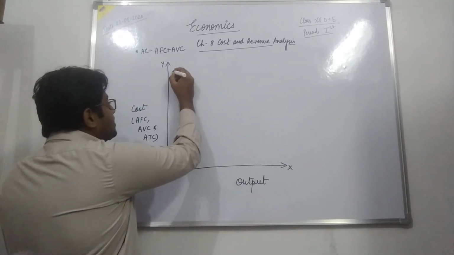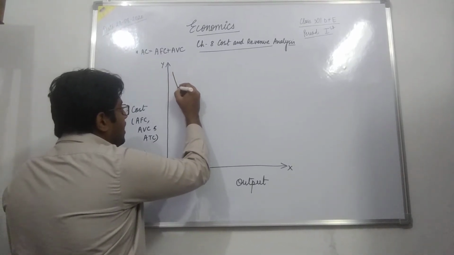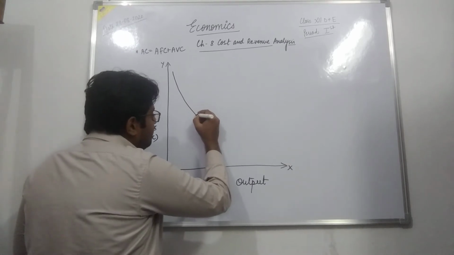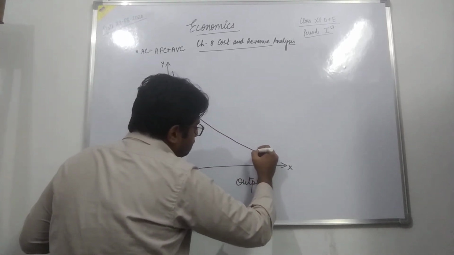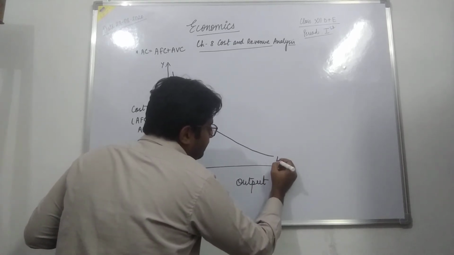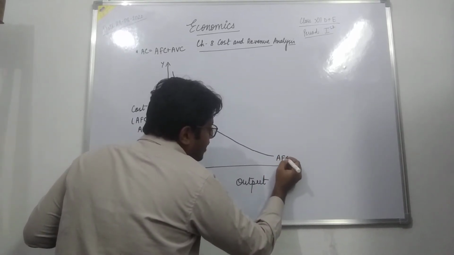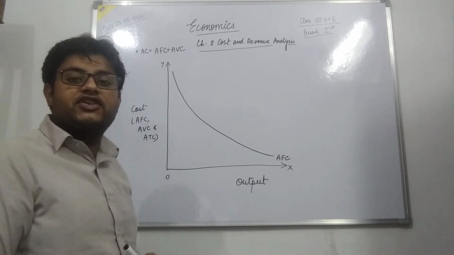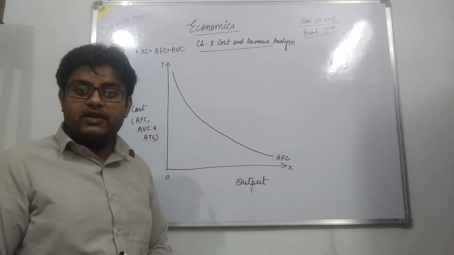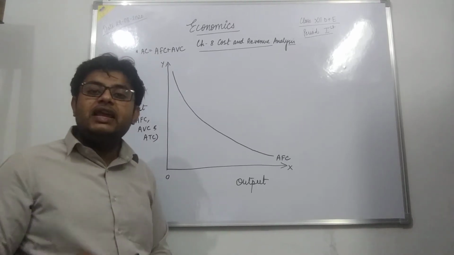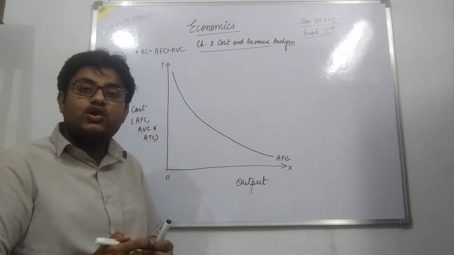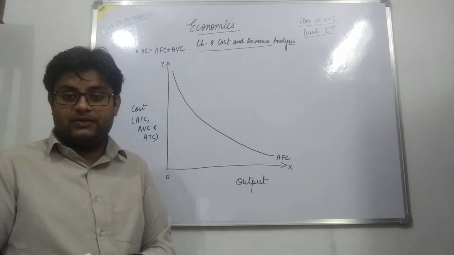I will start from this point and show that the curve is continuously falling. This will be my average fixed cost. I will explain why these costs behave in such a way.